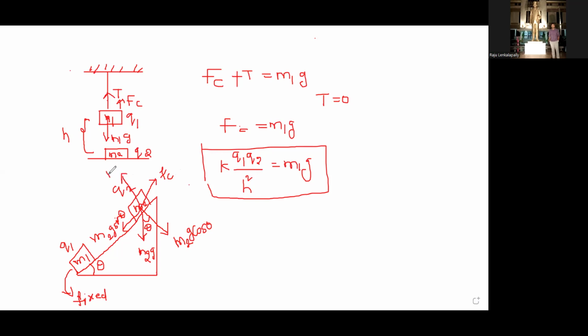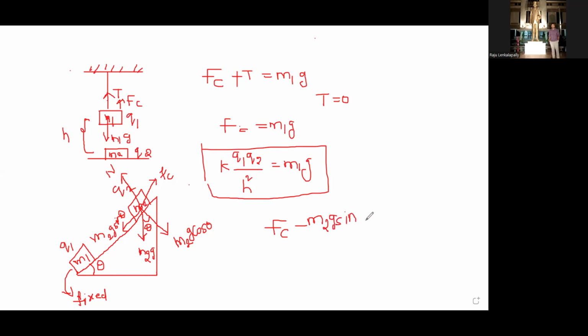That is N. Here also we calculate the equilibrium condition. What are the net forces? Fc, the Coulomb force, is equal and opposite to m2g sin theta, that is minus m2g sin theta.